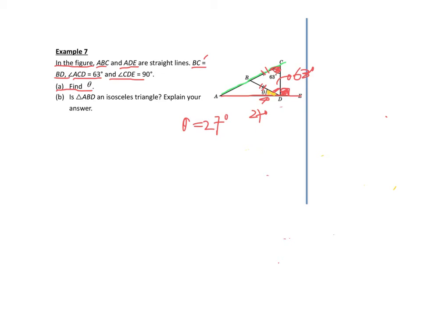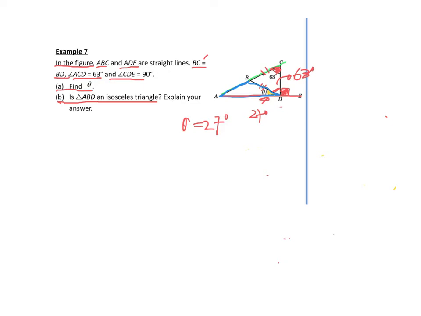In part B, it asks whether triangle ABD is an isosceles triangle. Which one is triangle ABD? It's good for us to locate it. That is this triangle in the blue color.